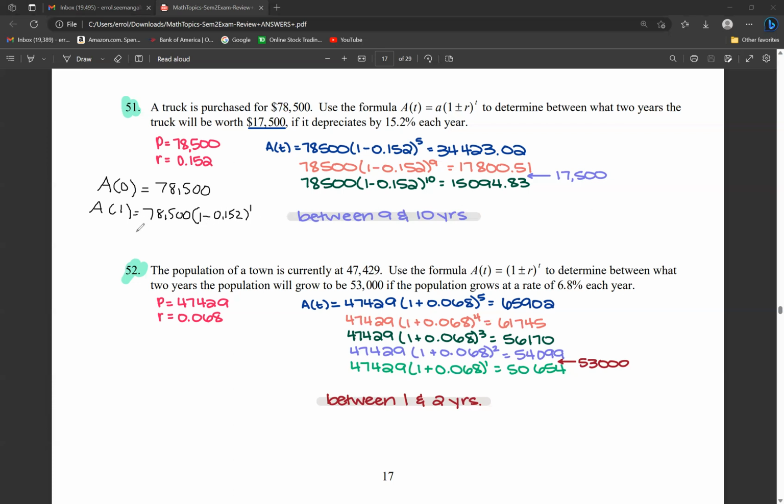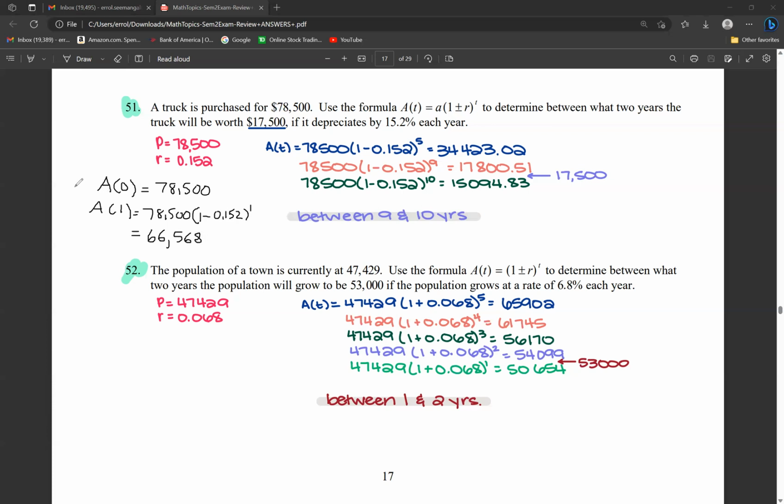Can you put this in your calculator and calculate what that is? Do this part first: 1 minus 0.152, and then multiply that by 78,500. That gives 66,568.